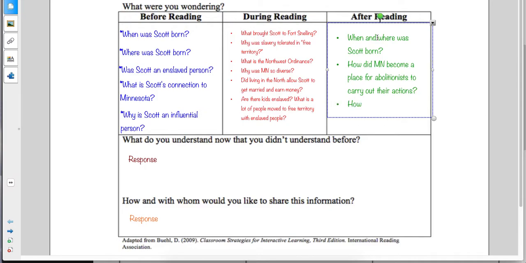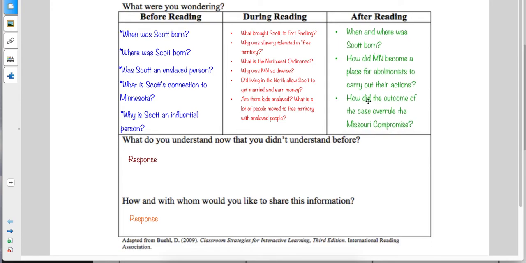Also, how did the outcome of the case overrule the Missouri Compromise? That's a pretty big deal. So it changed the course of a law that was made. I could also ask a lot more questions, but already I got a bunch of questions that I can pursue in my research and further research.